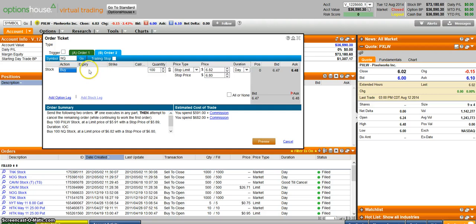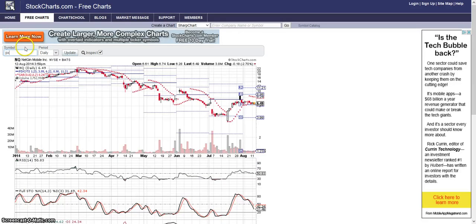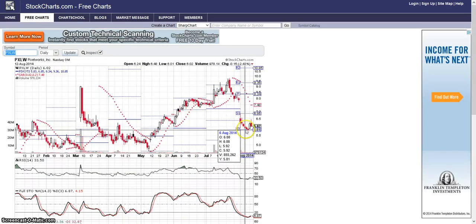So very advantageous in this case, and this is why I'm using NQ as an example, because as we saw, PXLW did hit 589 and of course continued to climb throughout the session. So it would have entered that position and canceled the NQ order, which is good.